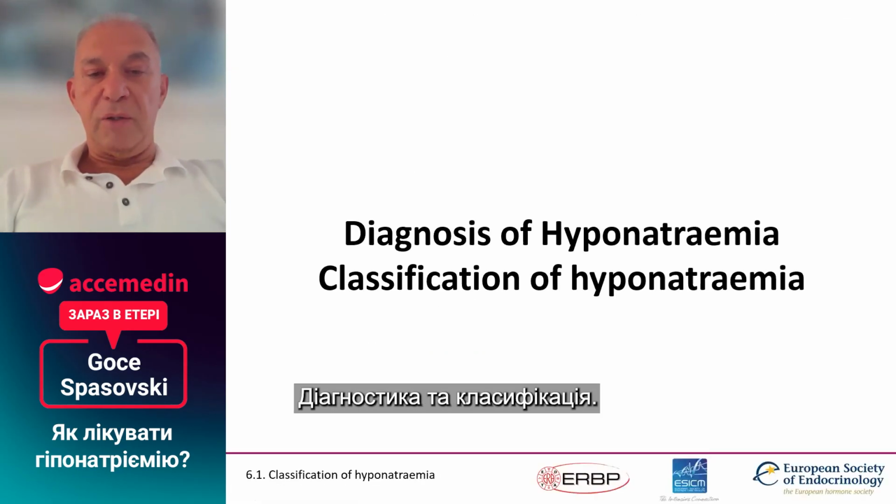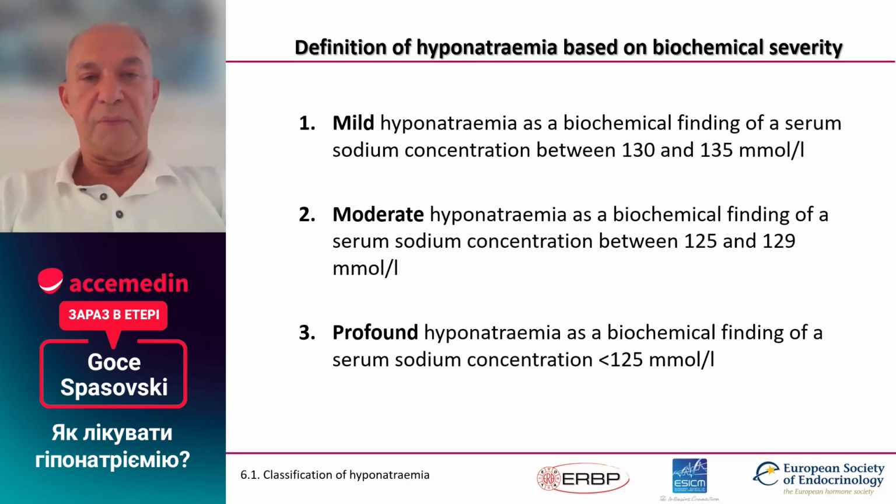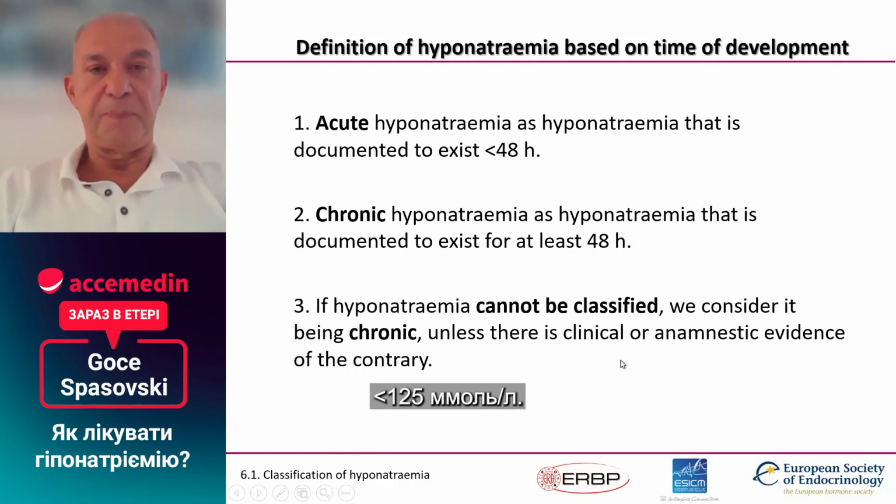What about the diagnosis and classification of hyponatremia? Mild is when the serum sodium is between 130 and 135, moderate 125 to 129, and profound below 125.